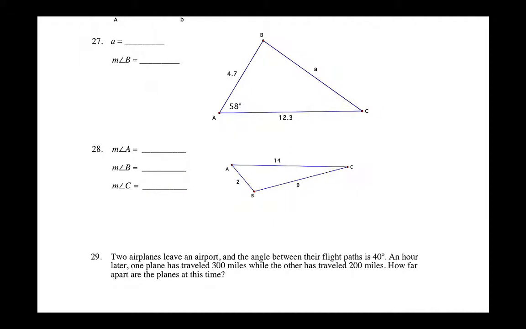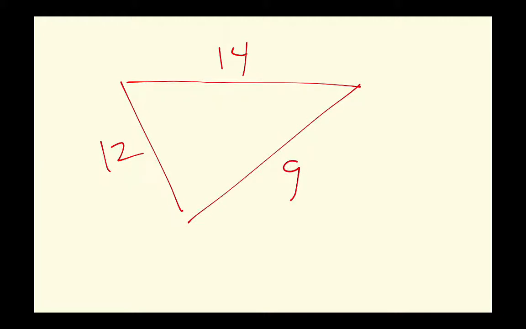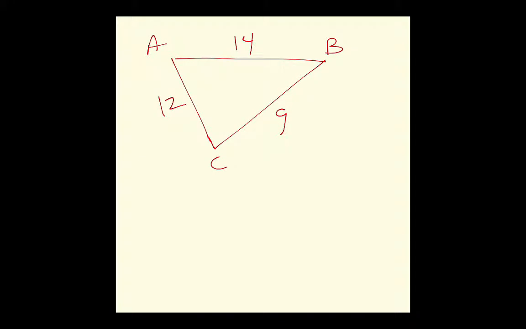So let's just turn this 2 into a 12. And now we'll do it that way. So if that was sides of 12, 14, and 9, we have a triangle, sides 14, 12, and 9. And we want to know what are the angles A, B, and C. I'm going to put this into a law of cosines formula. Let's find angle A first.